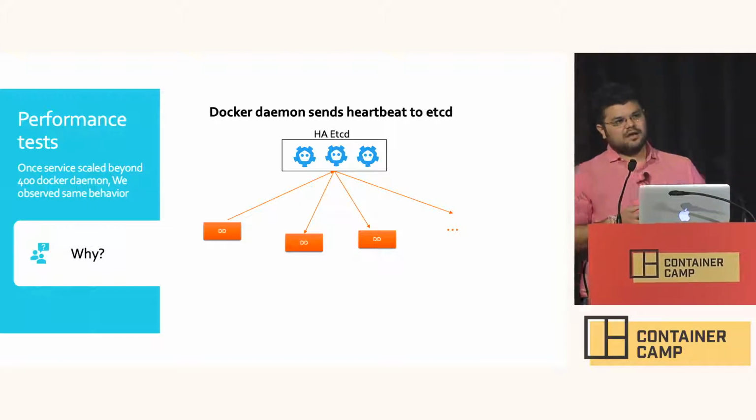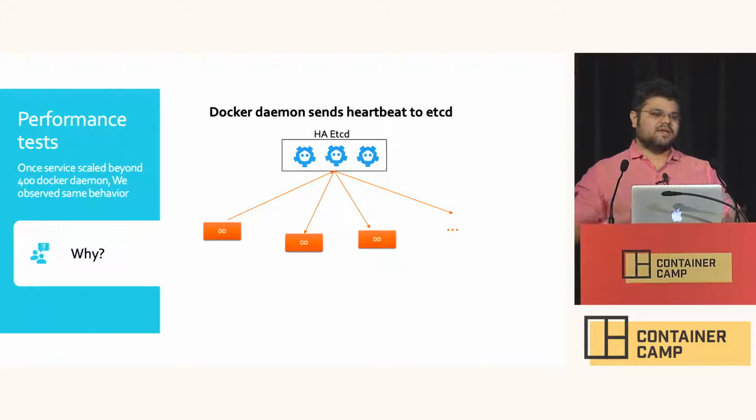Even when you create a Docker network, that is one more call. Anything that changes in your metadata, Docker watches for all of it, whether you are creating a new network, a new endpoint, or a new container. It pulls from etcd, saying give me all those events, let me refresh my cache, there is something changed in the environment, and it gets scattered.